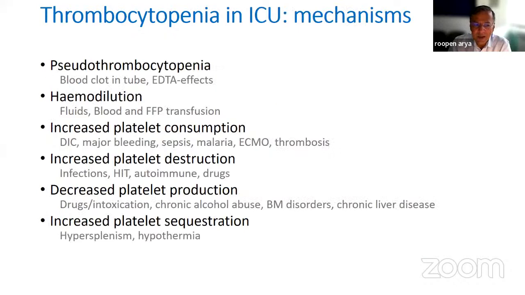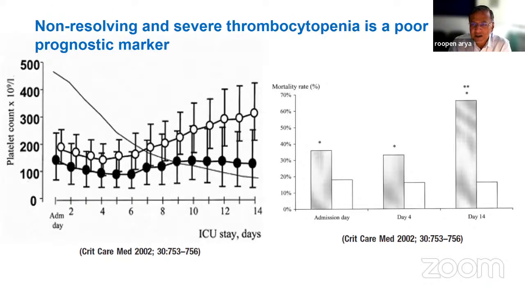Again, there are many potential causes of thrombocytopenia, with increased consumption or destruction of platelets, as well as decreased platelet production and increased sequestration. And also there's been data in existence for decades that thrombocytopenia is a poor prognostic marker in critical care patients, and day 4 platelet count particularly is a useful prognostic marker.